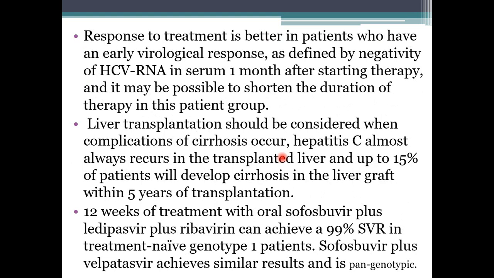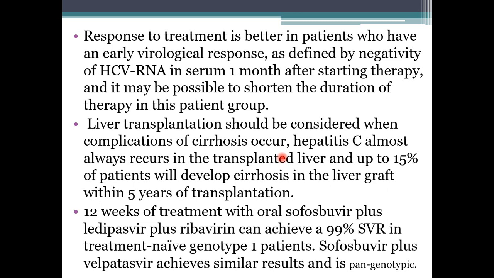Response to treatment is better in patients who have an early virological response. Most patients who have an early virological response will later have a sustained virological response, meaning they will be cured. If there is no early response, it is a delayed response, and these patients usually will not respond to treatment.